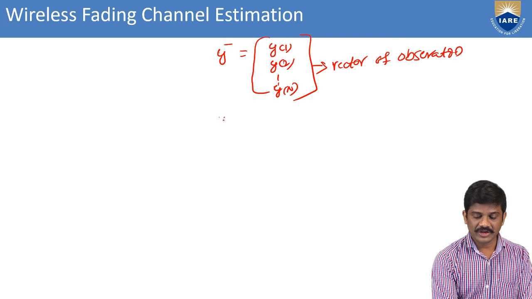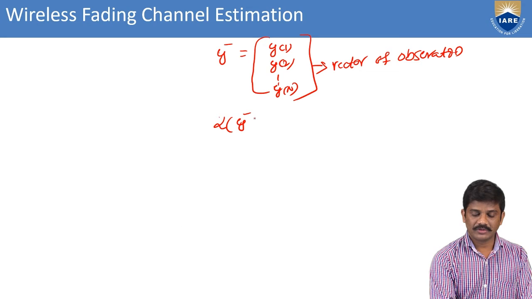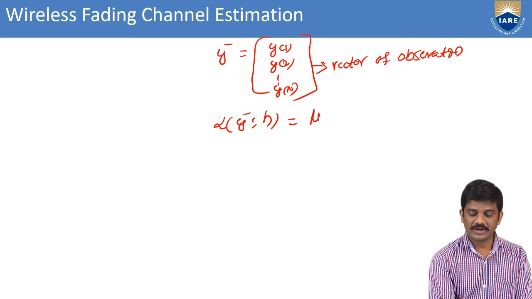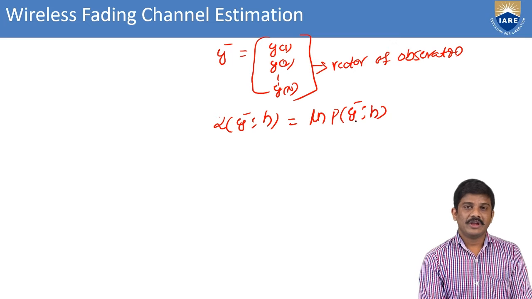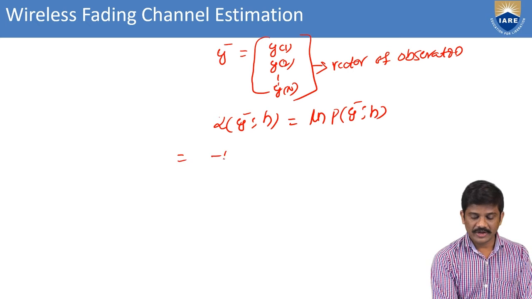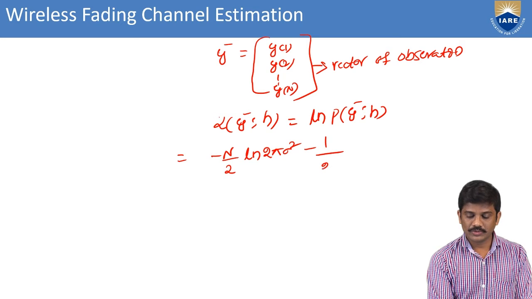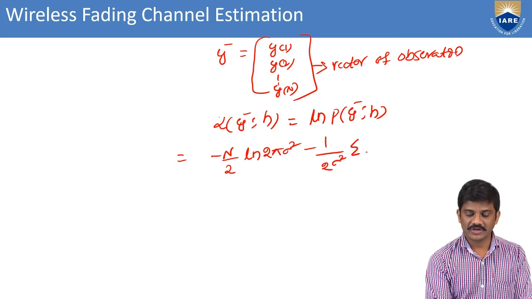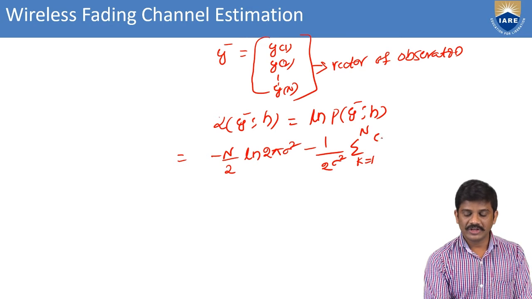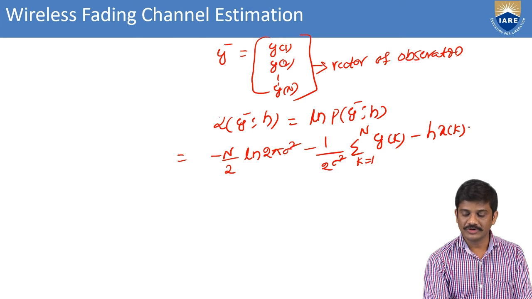There we can find the natural logarithm, ln p of y bar given h. This is taken from the log likelihood, then we can substitute minus n by 2 natural logarithm of 2 pi sigma square minus 1 by 2 sigma square summation k equal to 1 to n (y of k minus h of k x of k) whole square.